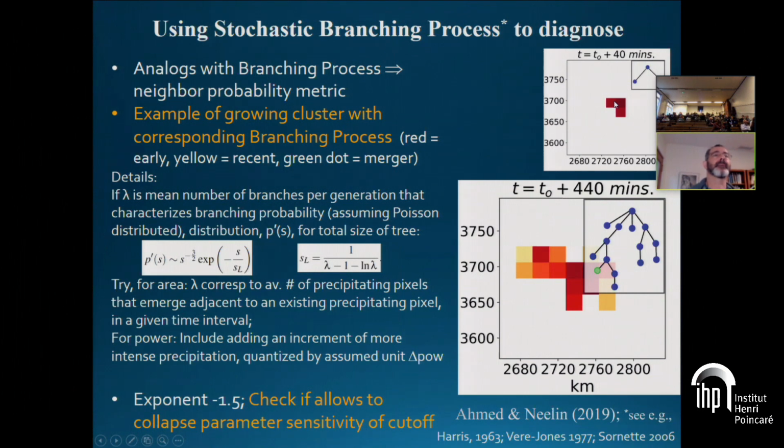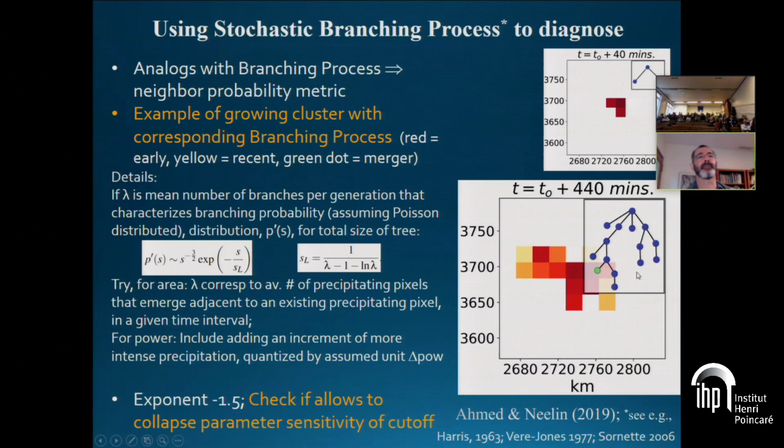The stochastic branching process is a tempting analog, because if you start with one precipitating cluster, it can add neighbors in the next time step corresponding to a probability of generating branches in a stochastic branching process. And if you follow forward by units of time, you keep adding clusters, keep adding points to your cluster or losing them.